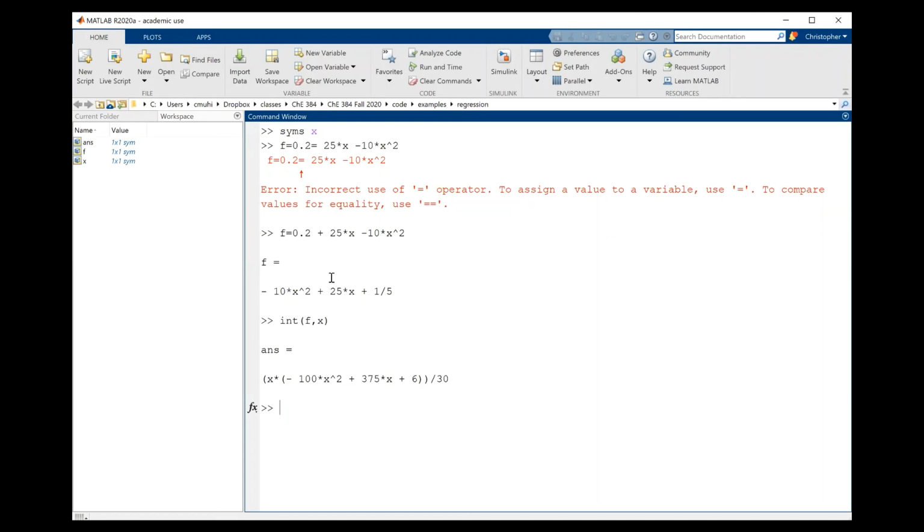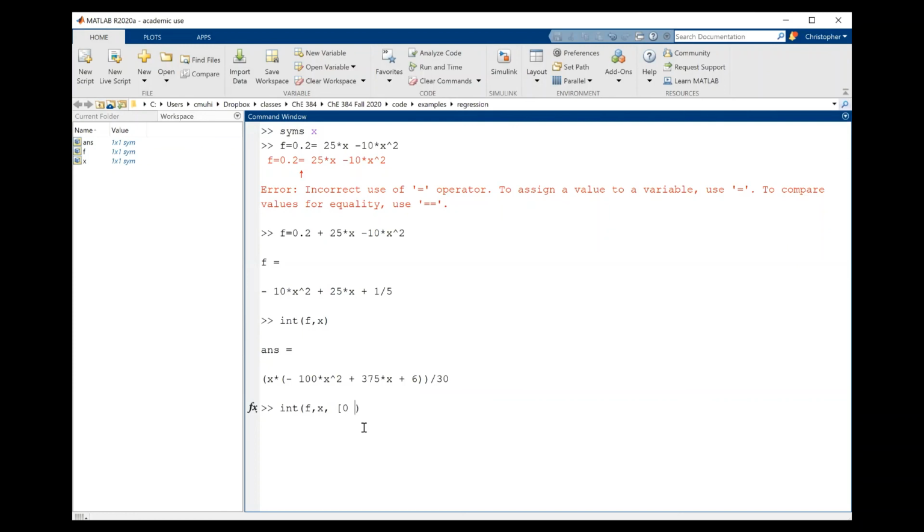In this case, it's right. I have this x cubed term, an x squared term, and an x term. And it's going to put this out not in terms of decimals, but in terms of fractions, just because it's going to assume that that's what you wanted. We could also do a definite integral instead of an indefinite integral by including a vector of points over which to operate.